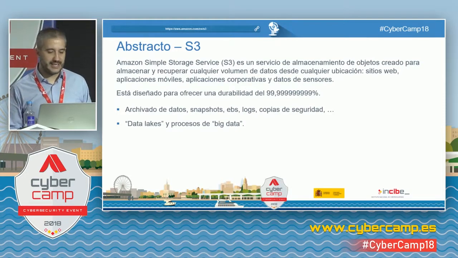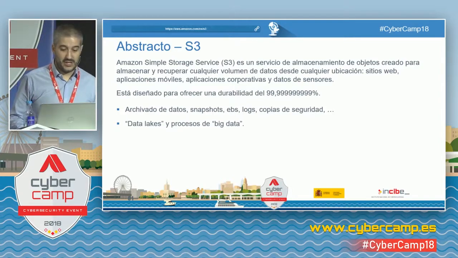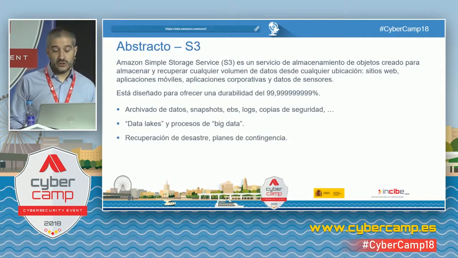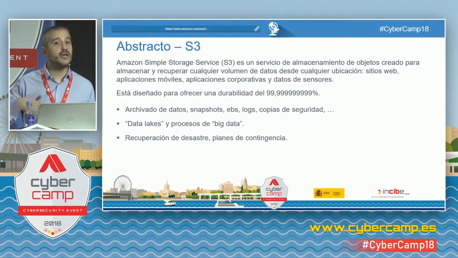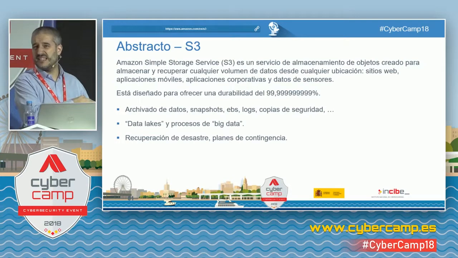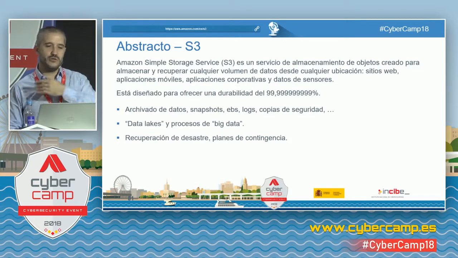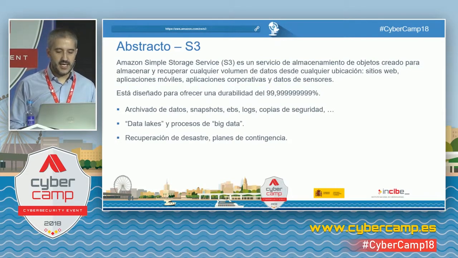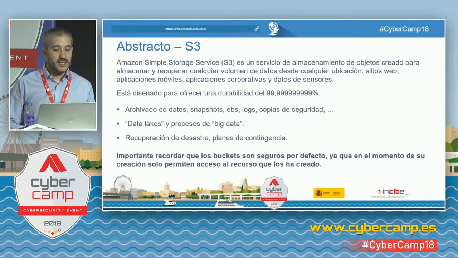New processes that work with big data. And also, it's very useful to retrieve information in cases of emergency or contingency plans for corporate backups. Well, it's not on tape anymore. It can now be stored on S3 at a very reasonable price.